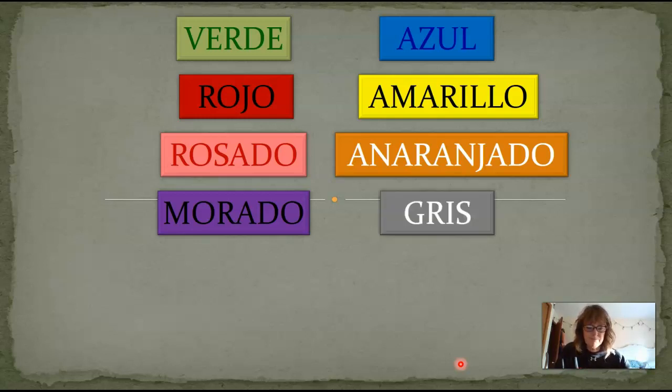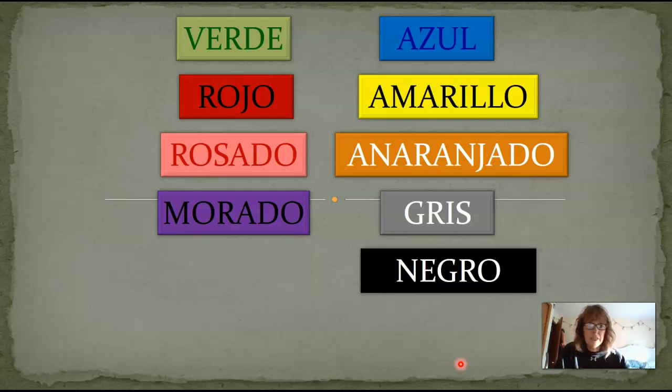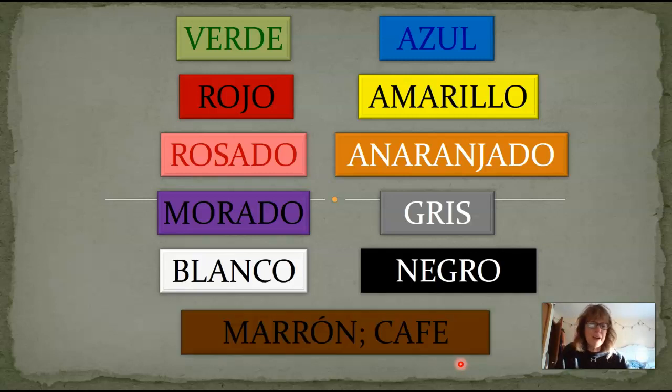Gris. Forgot that one. Negro, repitan negro. And opposite of that, blanco, repitan blanco. And then there's one more word that they like to give you for brown. There's two colors for that Panorama is going to have you do. The first one, marrón, repitan marrón.